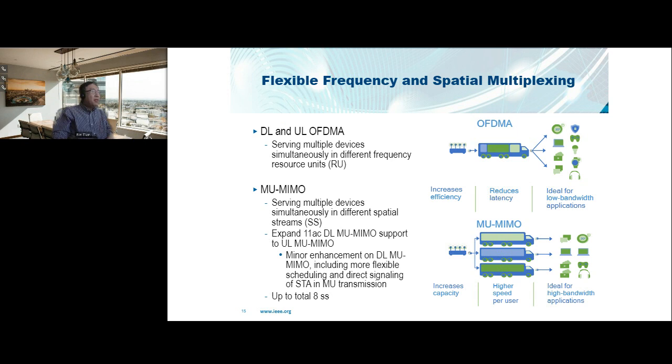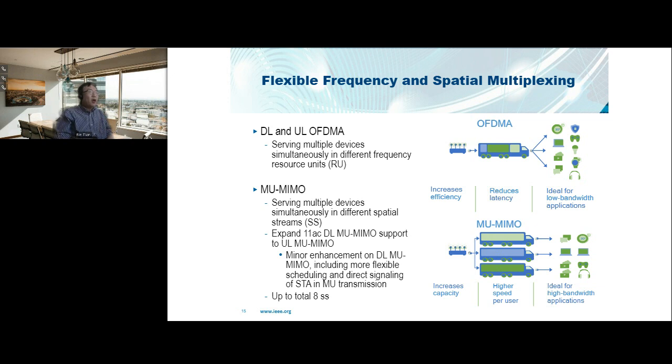One of the main parts of 11ax to improve efficiency in dense environments is providing a more flexible frequency and spatial multiplexing method. One of the big things introduced is downlink and uplink OFDMA. Essentially, it serves multiple devices simultaneously in different frequency resources.